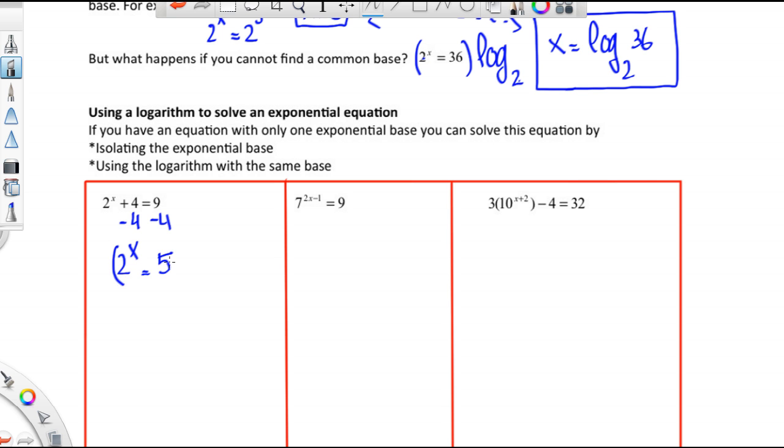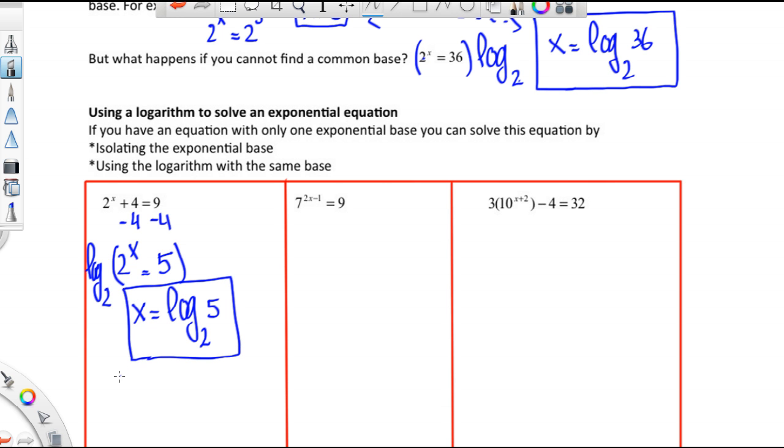And then, same story as the example above, if you have a log base 2, and as long as these match, then you get an x on the left, and on the right side you end up with the answer. So there's your answer, x equals log base 2 of 5.